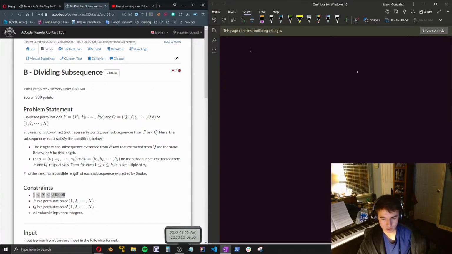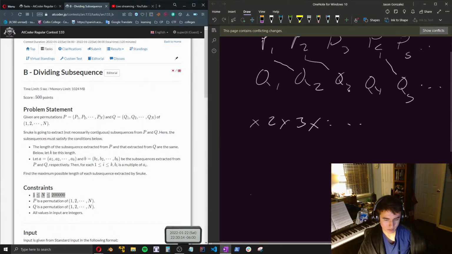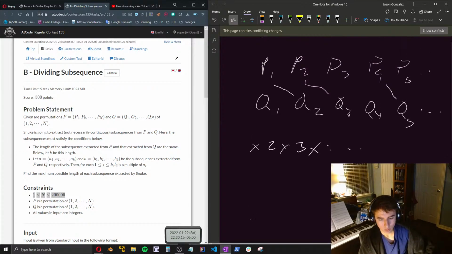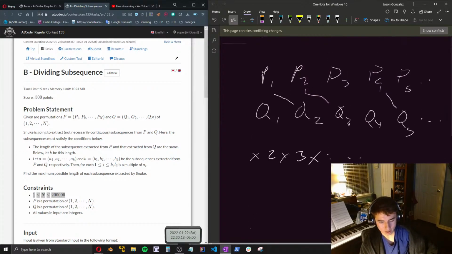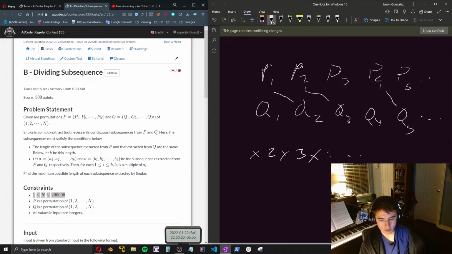So then we store a DP state. We go in order, iterate through P1 in order, and then for each value of P1 and for each Q, we hold a BIT of what is the maximum value at this point, and then we can query the BIT for the maximum in a prefix.